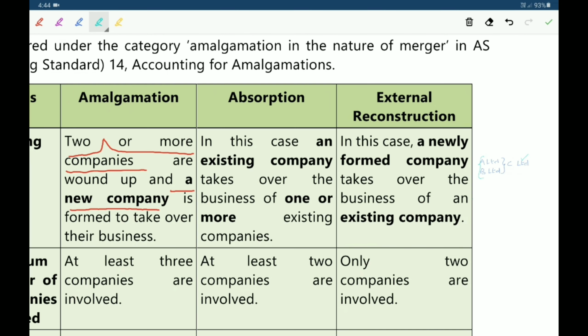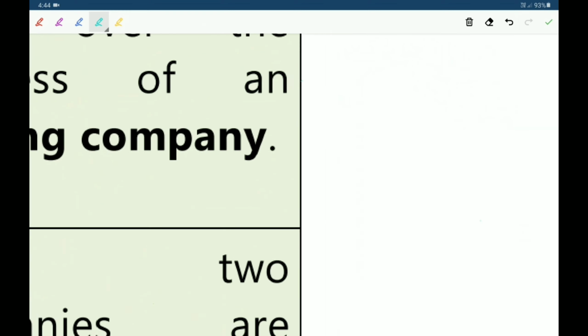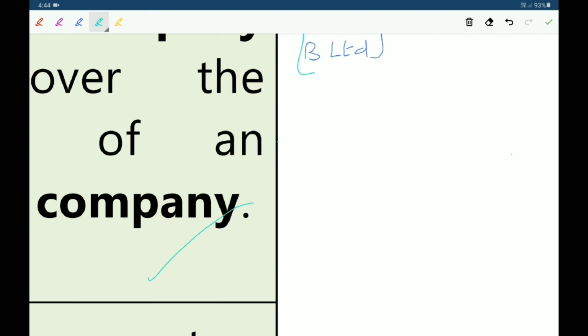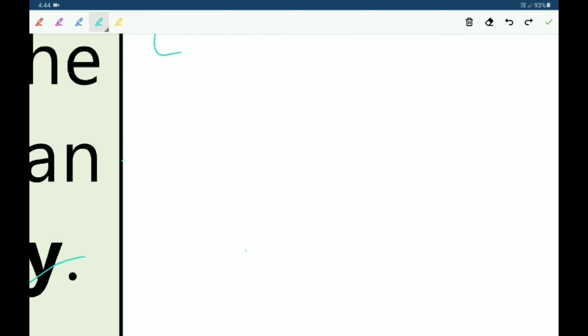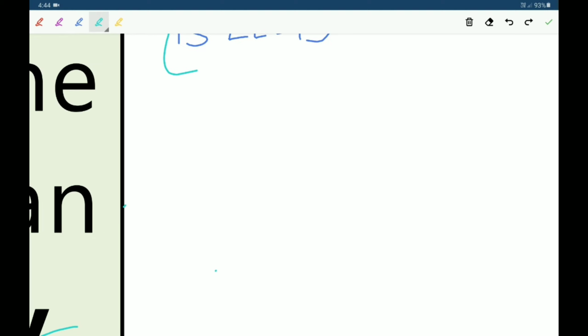Next, absorption. In absorption, an existing company takes over the business of one or more existing companies. For example, A Limited, B Limited, and C Limited are there.